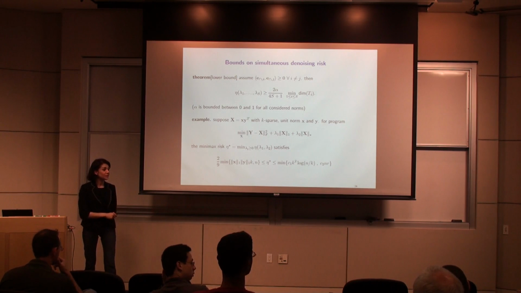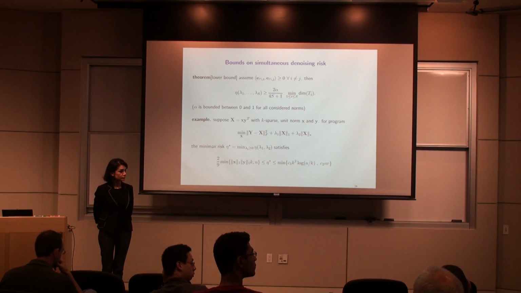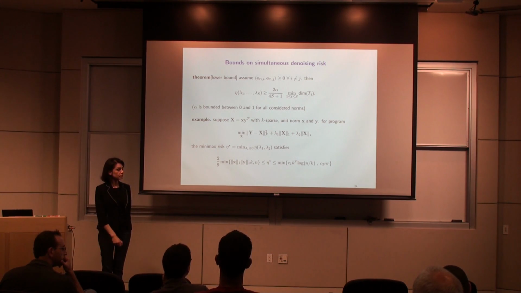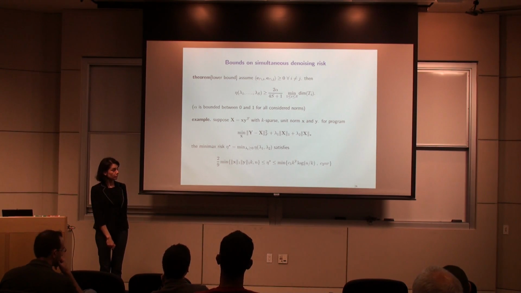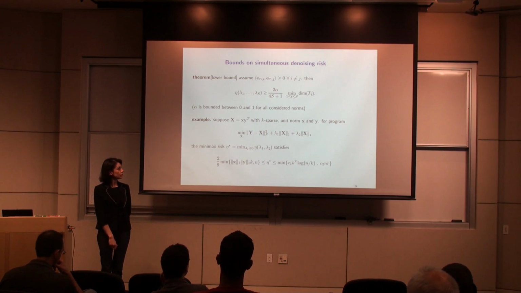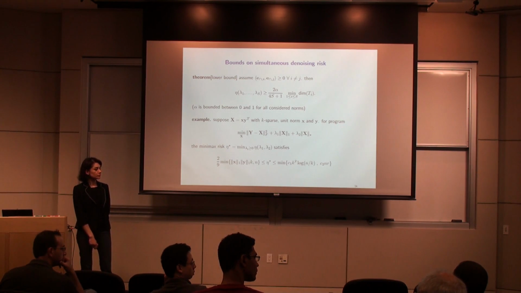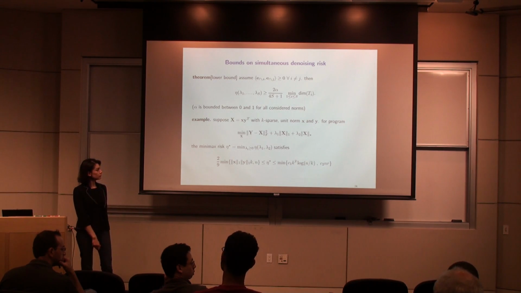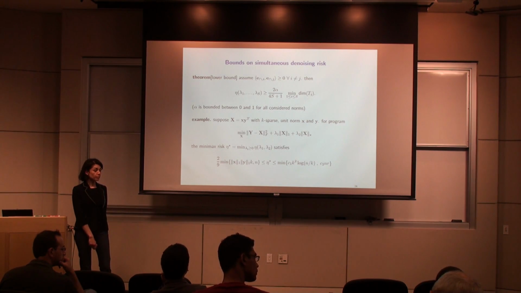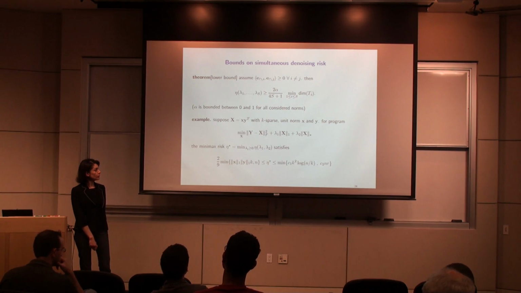Any other question? Yeah. So where is the worst case in this? What are the worst matrices? For the minimax risk. So what is the worst case? Because if you have tight bounds, probably you know where the worst matrices are. I see.